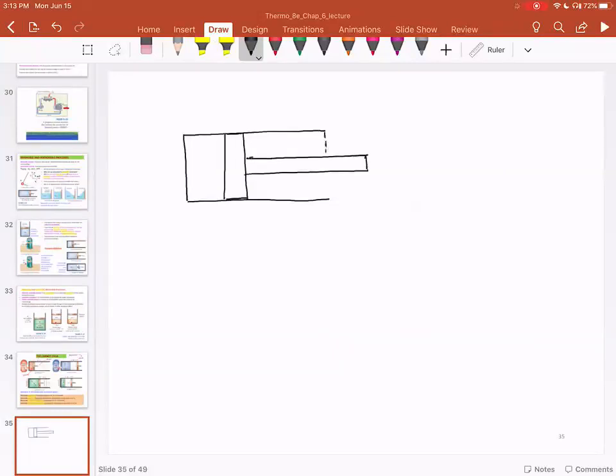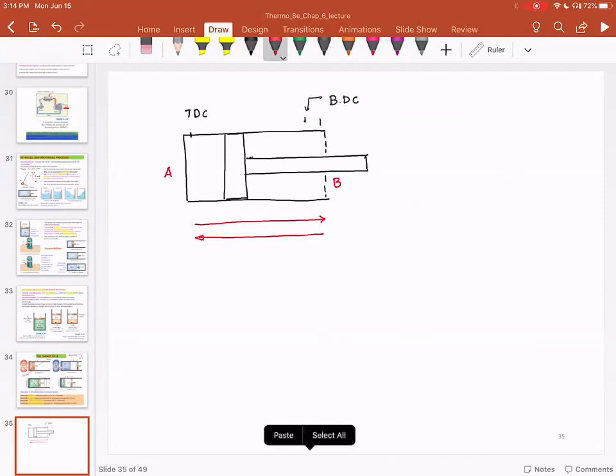Basically you have this top dead center, when the piston is very close to the cylinder head side, which is about point A, and this is called the bottom dead center, BDC, where the piston is very close to point B. And the piston is going back and forth. It's going from A to B and then going from B to A.